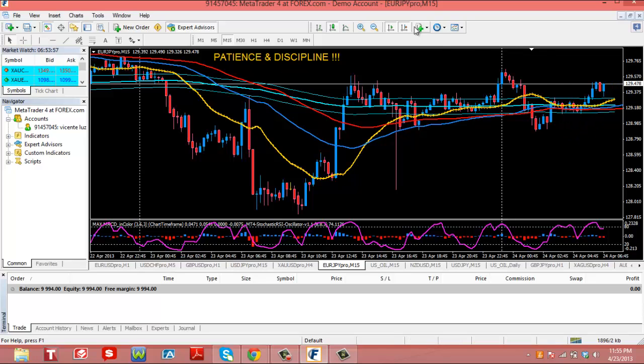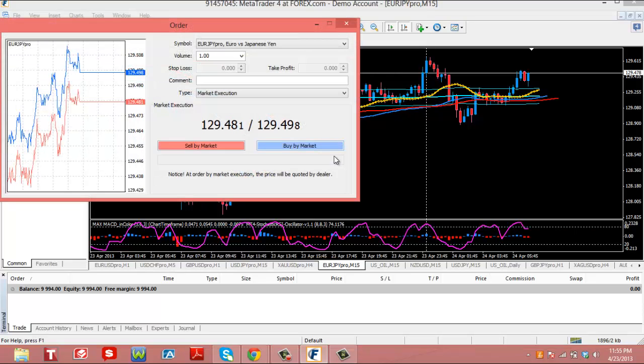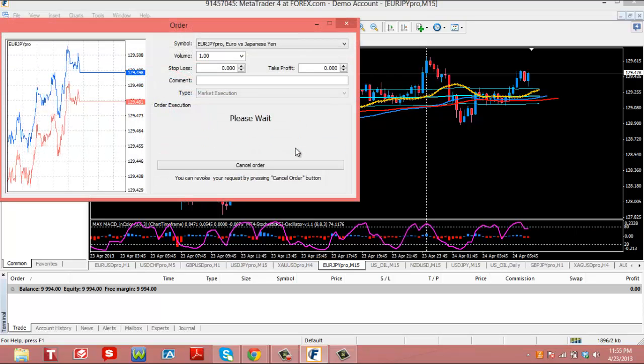Now we just broke. This is actually a great example because right now we just broke out of a Moe. So our stop loss has to be below here. You can see how the 21 is leading. So we have a euro yen breakout Moe, and all I do is go right there, buy.